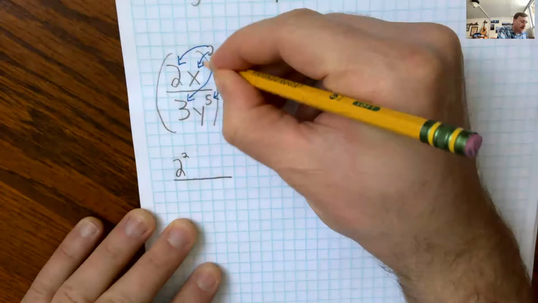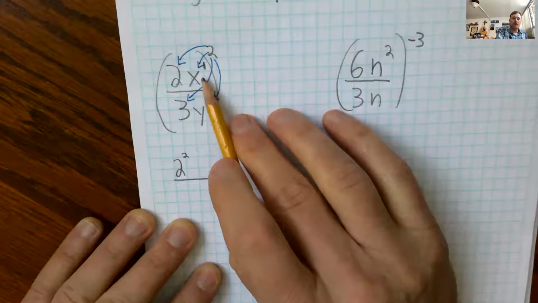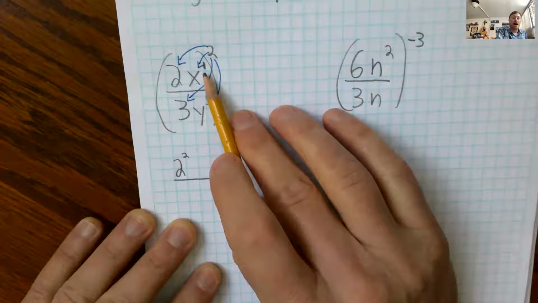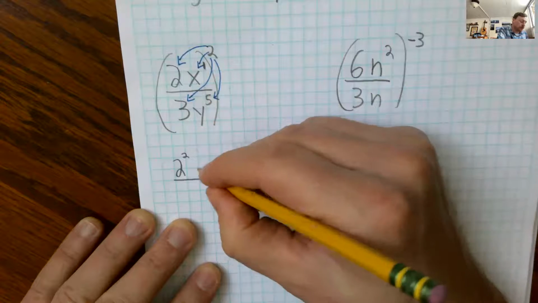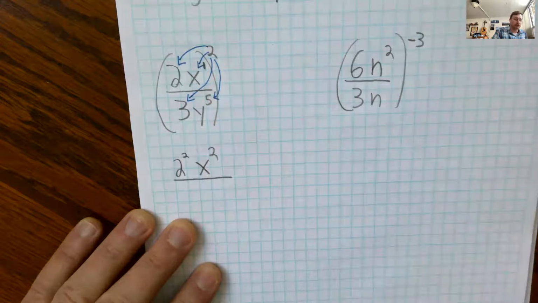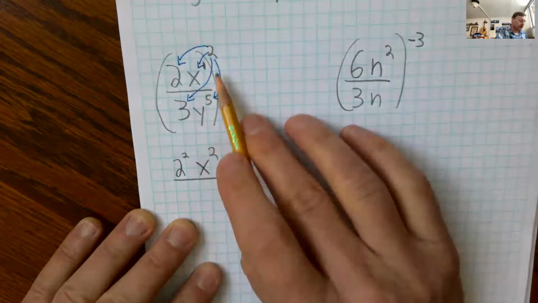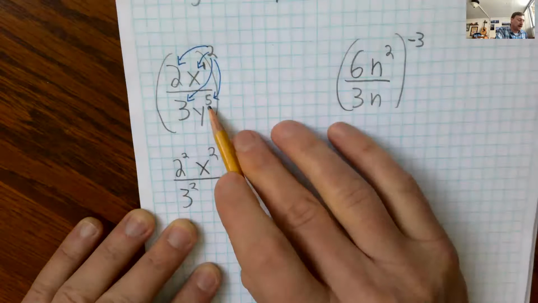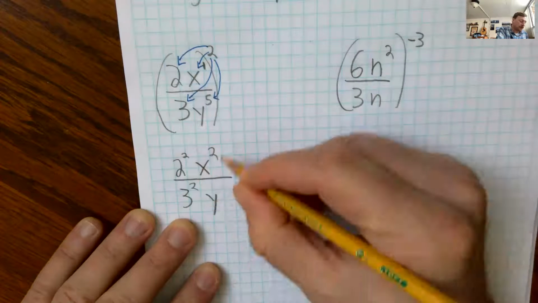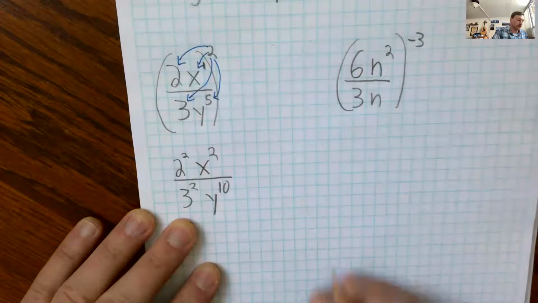Remember, there's a 1 here as the exponent of x. So when I raise a power to a power, I multiply. So 1 times 2 is 2. So it's going to be x to the second power. 3 to the second power, moving into the denominator there. And then y to the fifth is going to turn into y to the 10th, because 5 times 2 is 10.